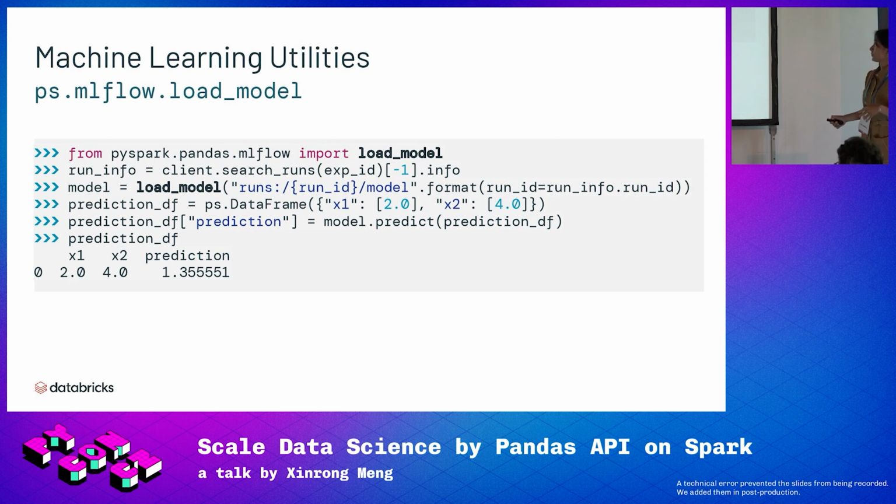And in this code, we just search the run, get the model, and create a Pandas on Spark frame. We can utilize that retrieved model to predict the value against the data frame, and that's our result.